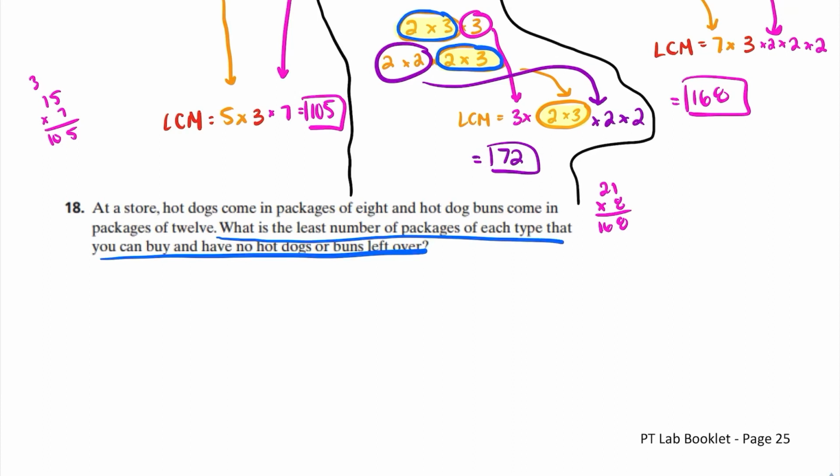What is the least number of packages of each type that you can buy and have no hot dogs or buns left over? Well, if we relate this back to what we've been learning so far, you'll probably start to imagine that this question is asking us to find the least common multiple, or the LCM, of the numbers 8 and 12.